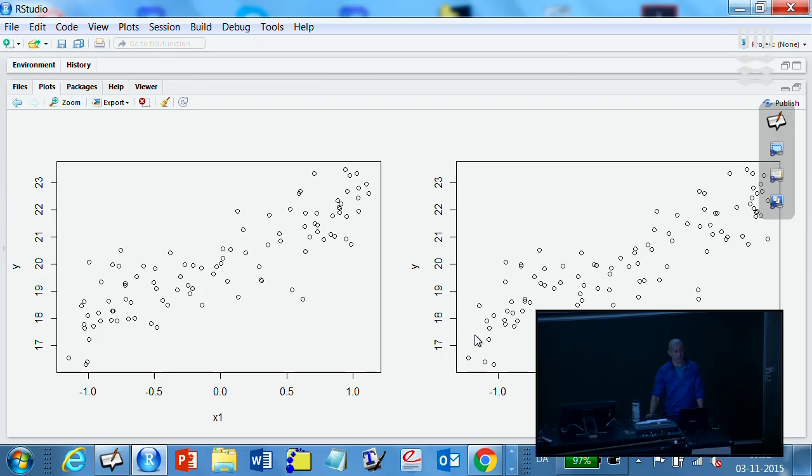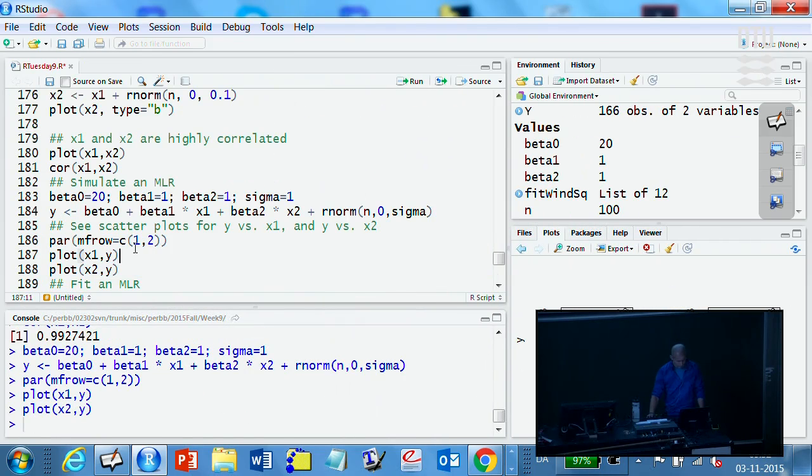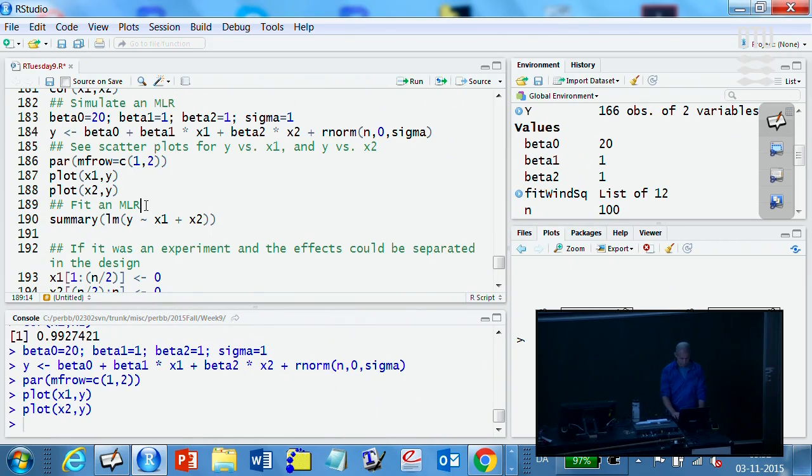Now my question, and the question in the Socrative quiz, is related to what I'm going to share with you now. What will happen now if I do the obvious that I would like to do, where I fit the multiple linear regression model with y depending on x1 and x2?